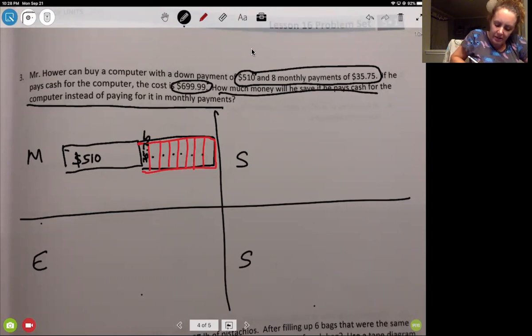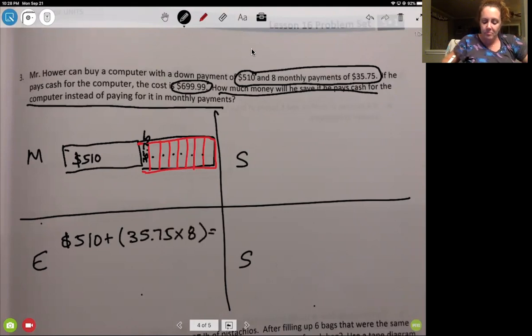So my equation, $510 plus, I need to figure out what $35.75 times 8 is. We can either do traditional $35.75 times 8, or you can set up your area model.